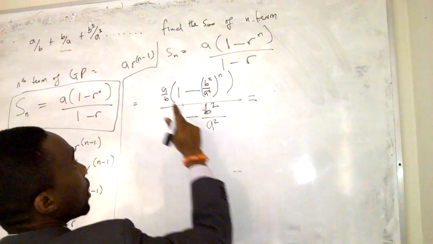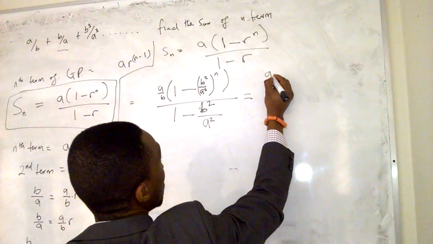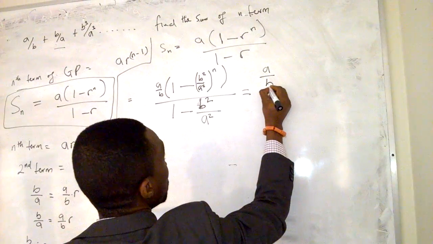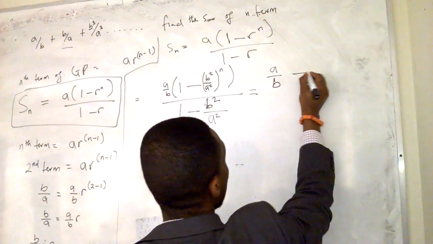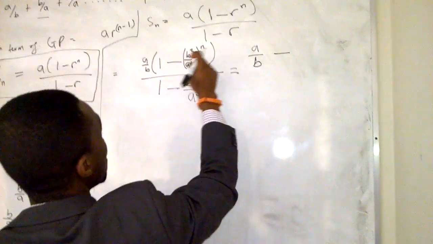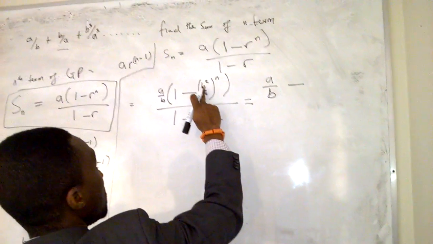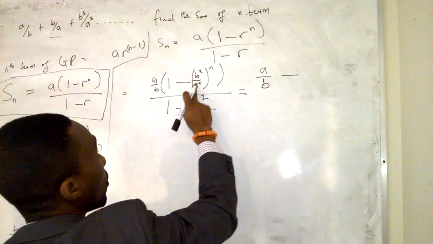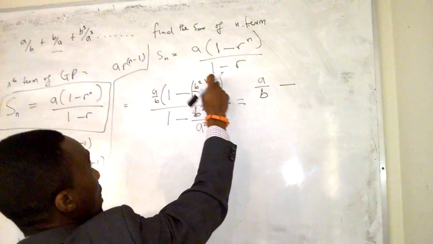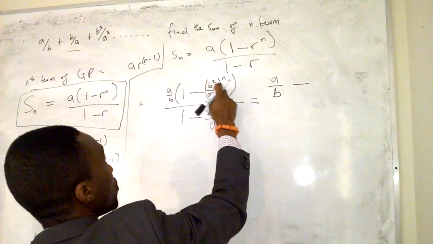A over B multiplied by 1 will be A over B minus A over B. We know that this n is, we mean B squared n over A squared n, because everything here is raised to power n.